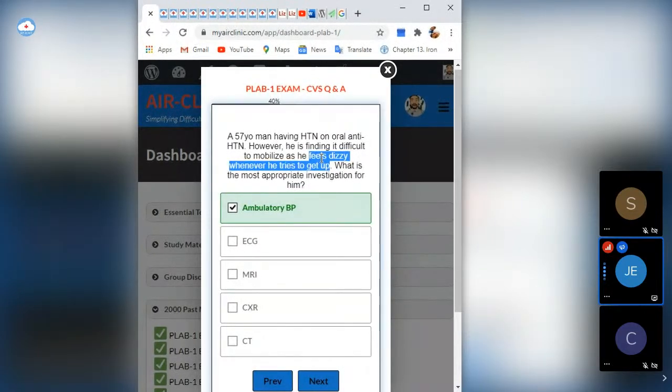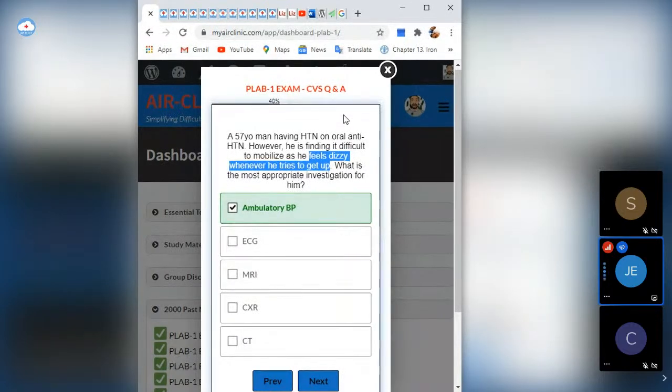So when a patient is having something like this, you have to do what we call ambulatory blood pressure monitoring, ABPM. You check the blood pressure, both supine and erect, and compare. That's when you see a difference.